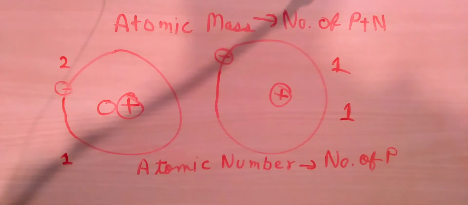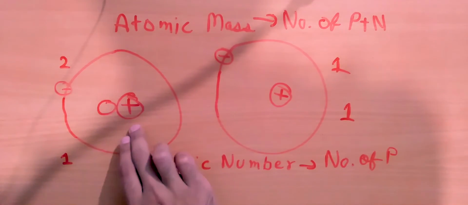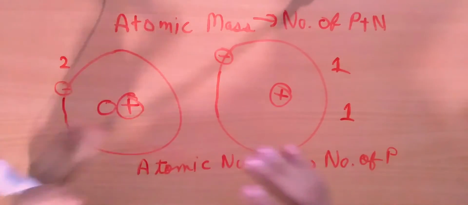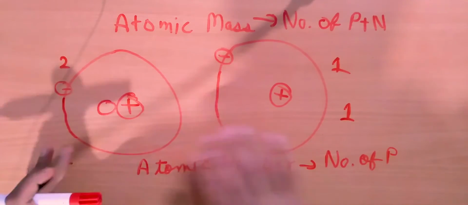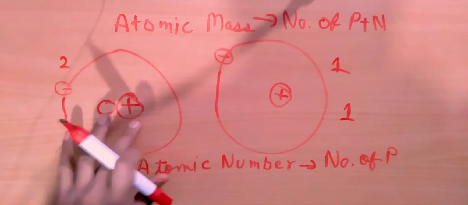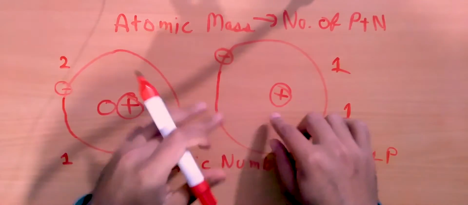And that's what happens when you have different numbers of neutrons. It is not compulsory that the number of protons and neutrons will be equal. They'll be generally around equal. Just like in this case they are equal, here there is no neutron, so they are not equal.